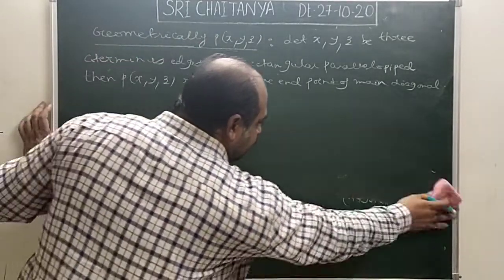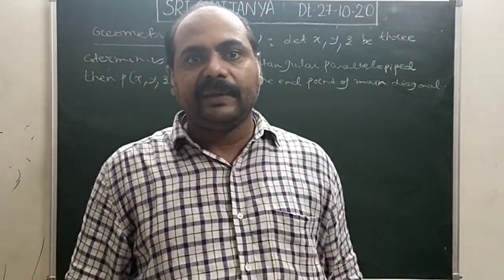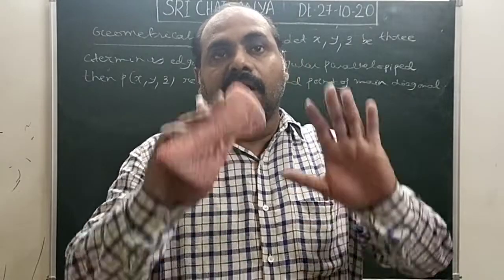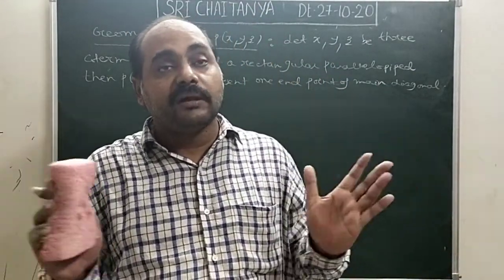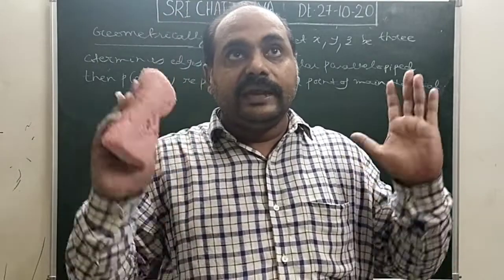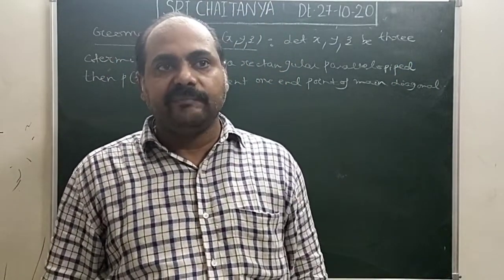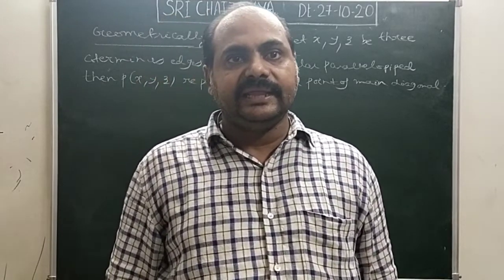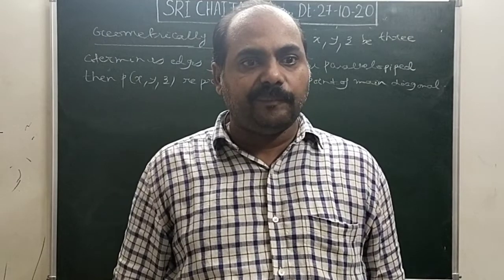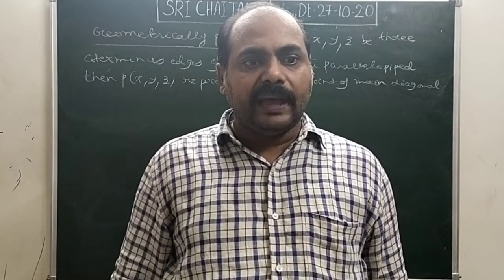Now look at the rectangular parallelepiped we have discussed earlier. A rectangular parallelepiped is nothing but our room. Look at your room, that is nothing but a rectangular parallelepiped. That means all the faces are rectangles, then it is called a rectangular parallelepiped.